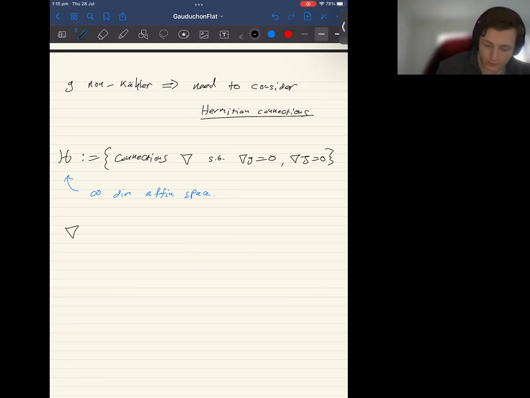And you know, because this manifold is non-Kähler, generic, I should say, connections in H have torsion. Right, and what do I mean by that? Well, I'll just define it to be this tensor.